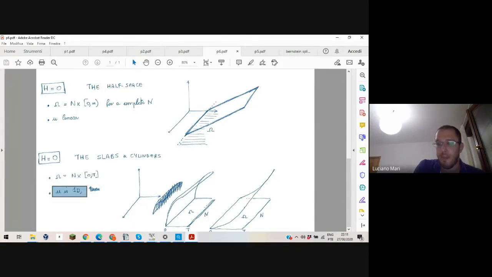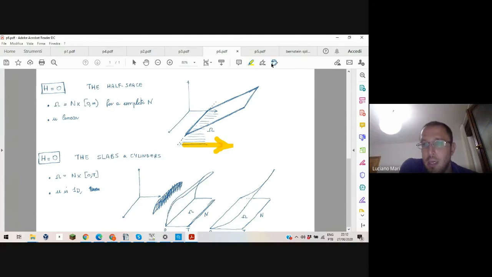So these are pieces of cylinders. These are the other standard examples. Why not complete half cylinders? Because all of these examples that I wrote are monotone in the direction of a killing field on the ambient manifold.